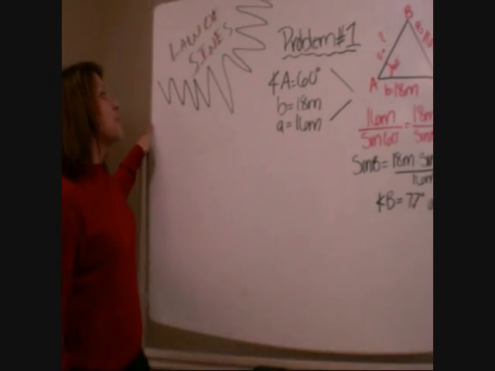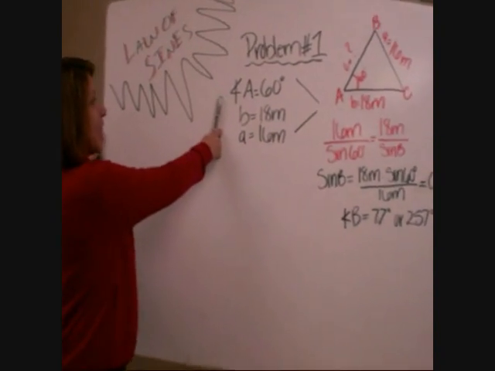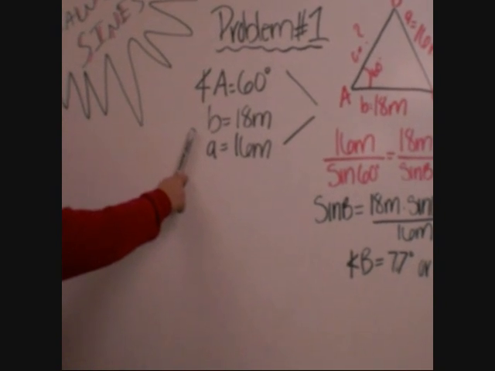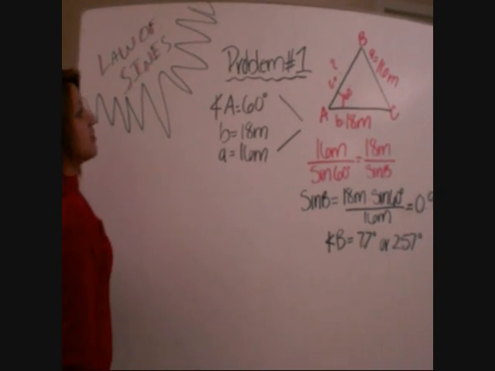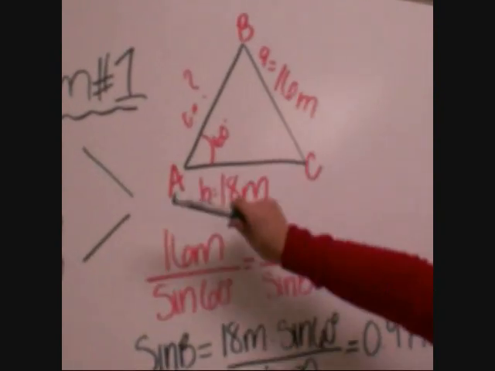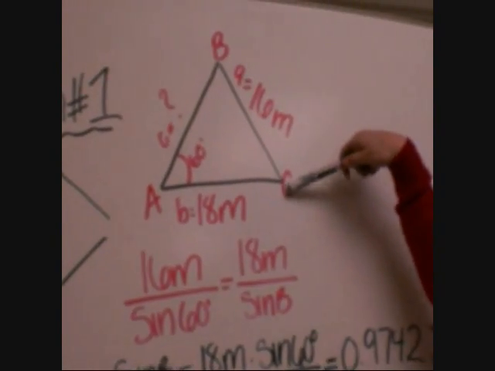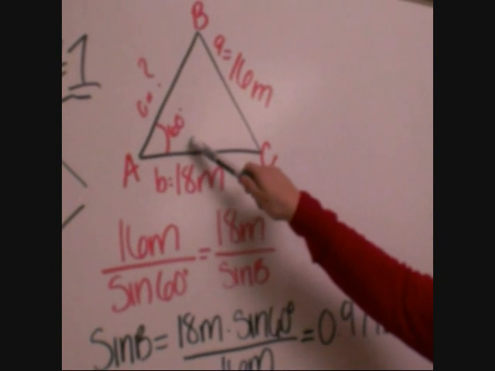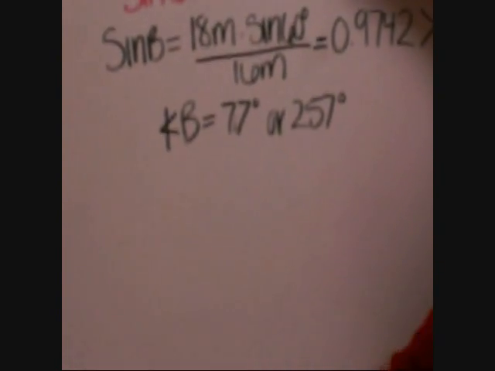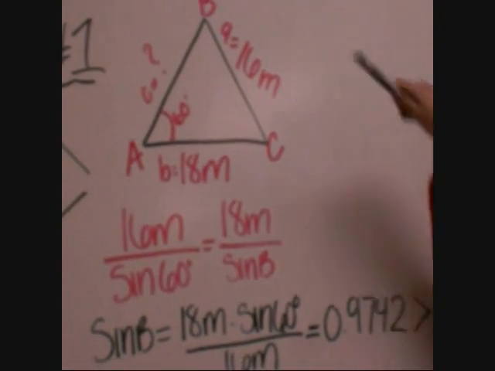Our first problem: we have angle A equals 60 degrees, side B equals 18 meters, side A equals 16 meters. As you can see, the triangle's drawn out, and you have your sides named. You have angle A as 60 degrees, side B as 18 meters, and side A as 16 meters.